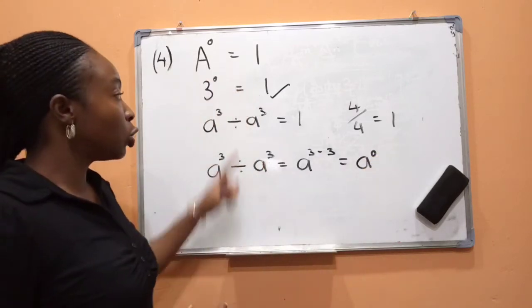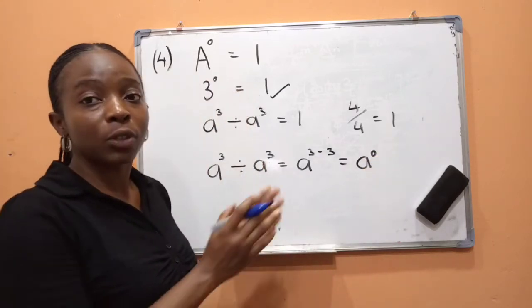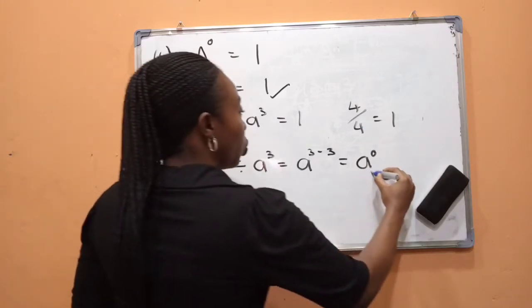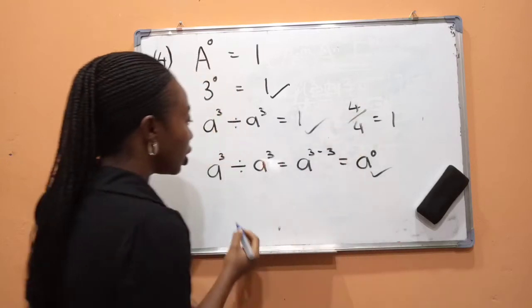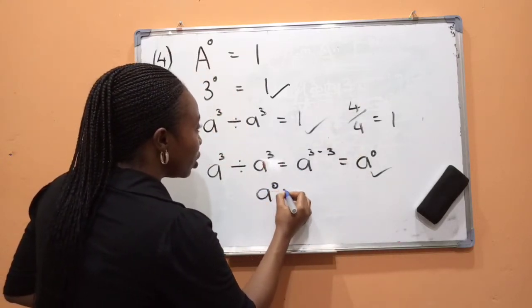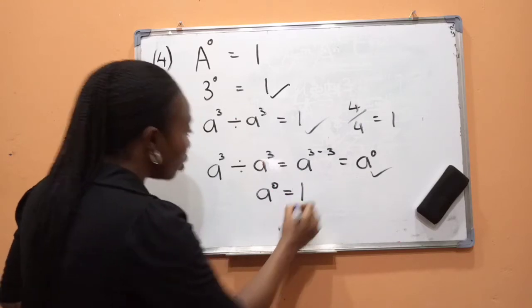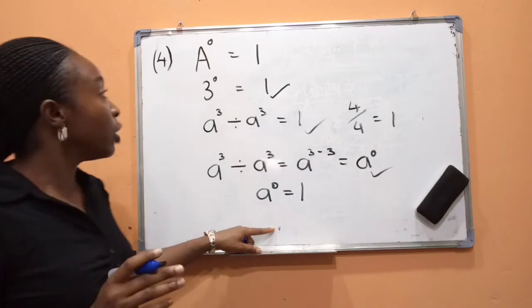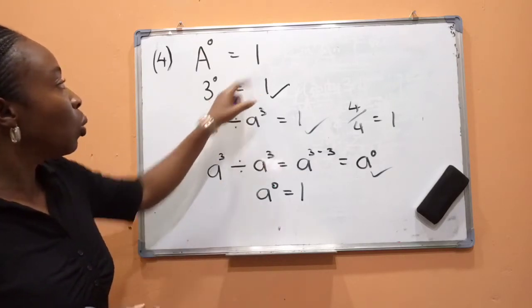So we have used two methods to solve the same thing. So since they are the same, we can as well equate their results. Okay, so we are going to have a raised to the power of 0 equals 1. So this explains why any number raised to the power of 0 is equal to 1.